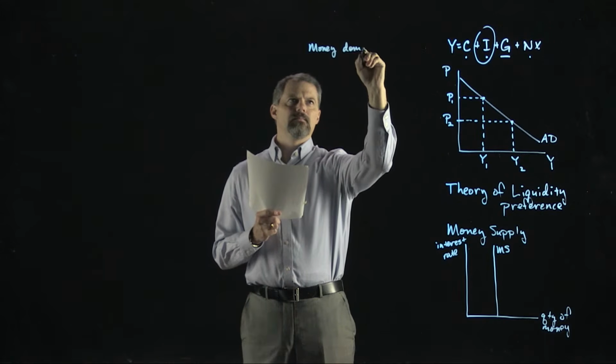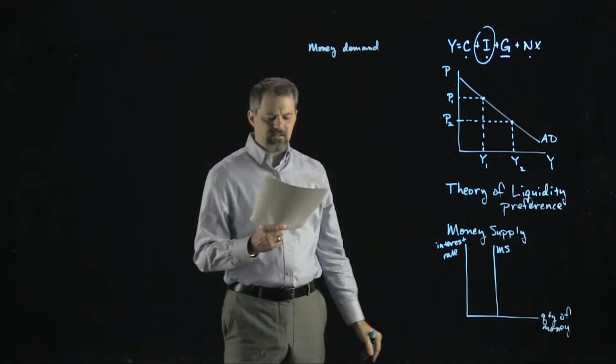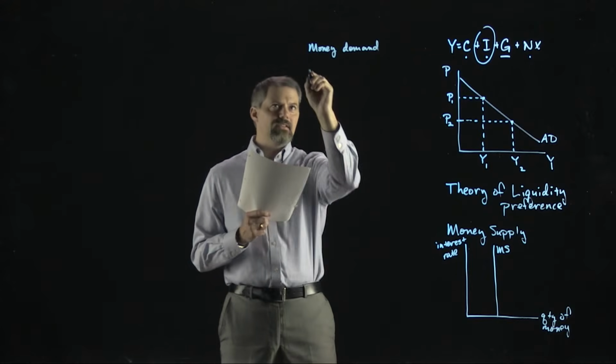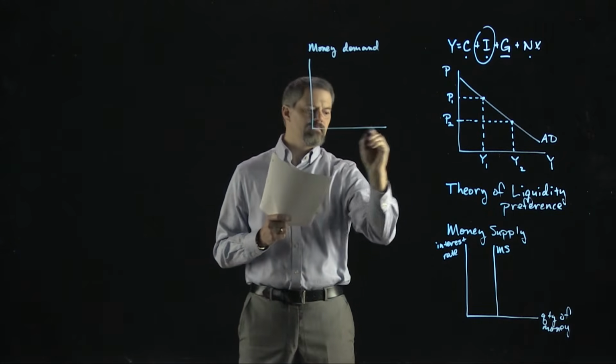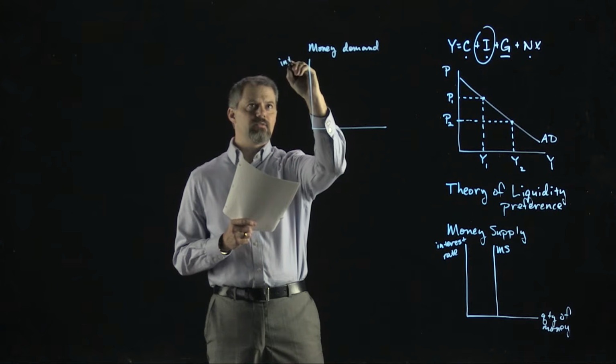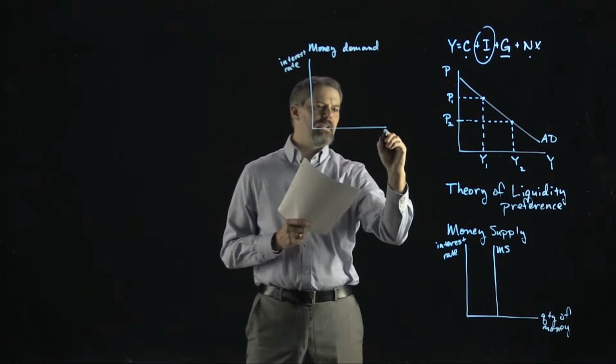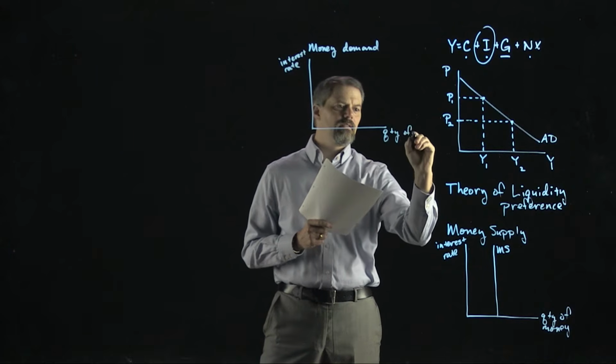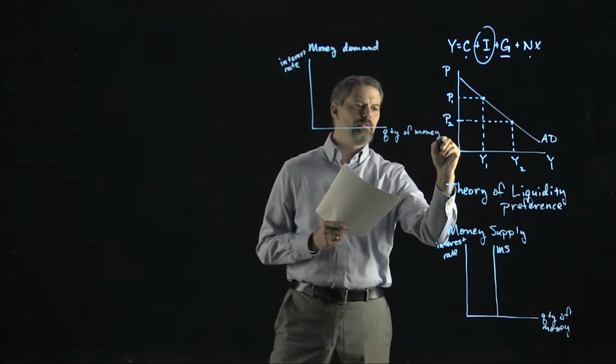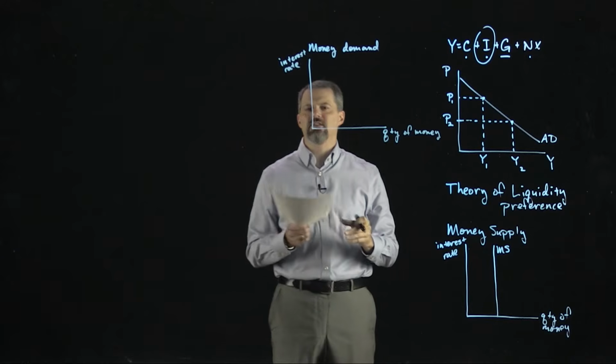Money demand. The money demand curve, when we draw it in this space, is when we have the interest rate up here and we have the quantity of money down here. Let's think our way through this in terms of the amount of money that you want to hold.